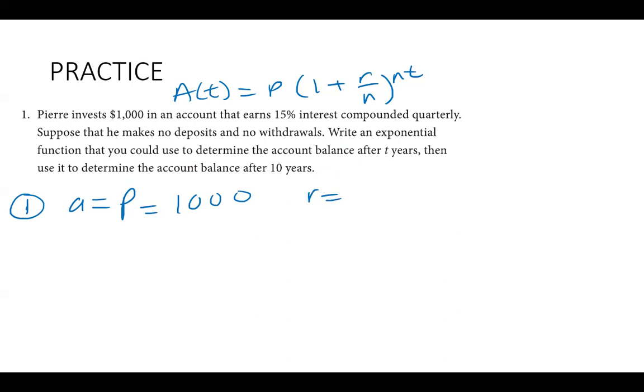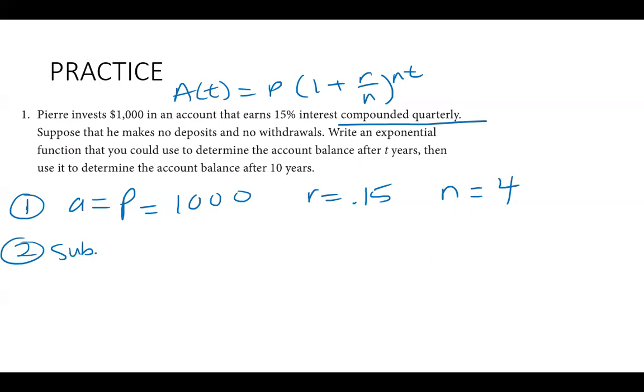What is our r? And so it's going to be 0.15. Your n is how many times are you being compounded? Compounded how many times? 4, because it said quarterly, right? Compounded quarterly.